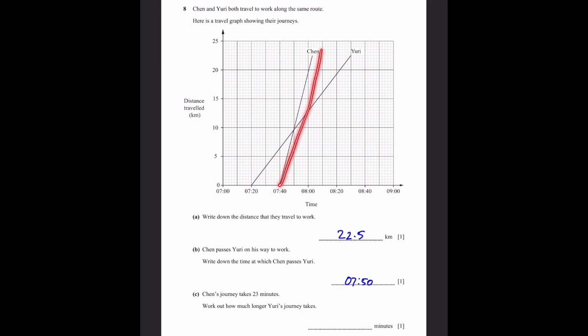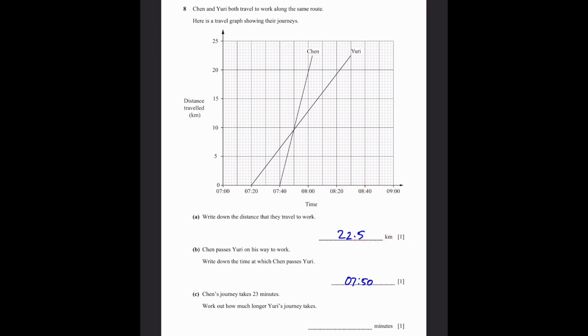This journey of Chen takes 23 minutes. For Yuri, it takes from 7:20 till the number between 8:20 and 8:40, which is 8:30. When we subtract 7:20, we get 1 hour and 10 minutes.